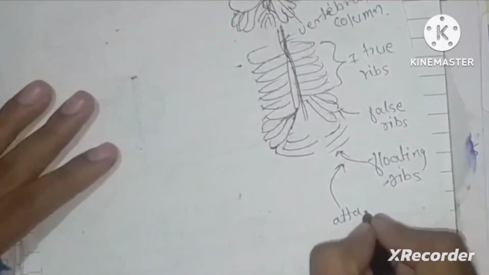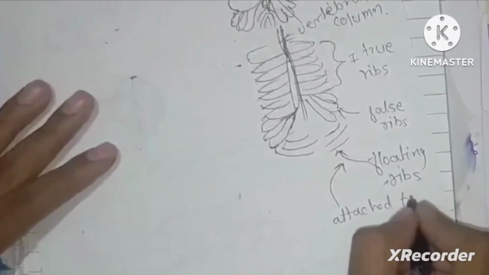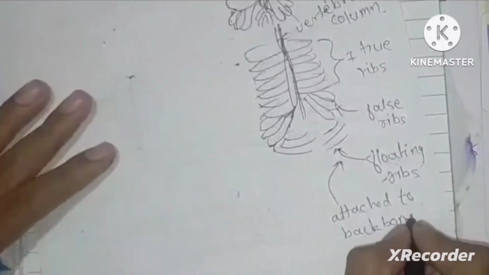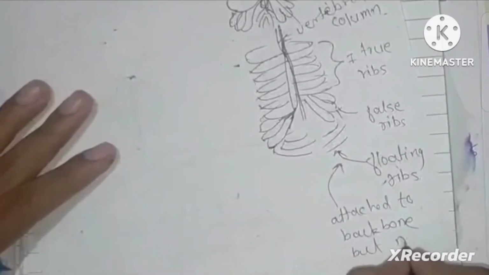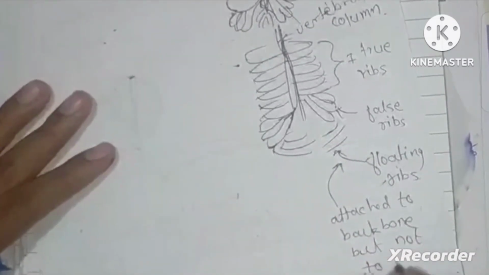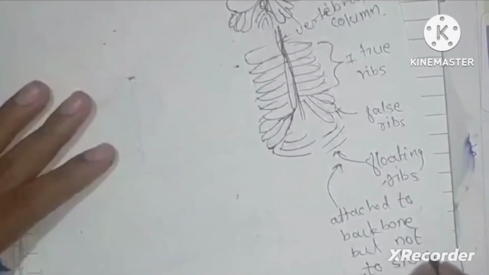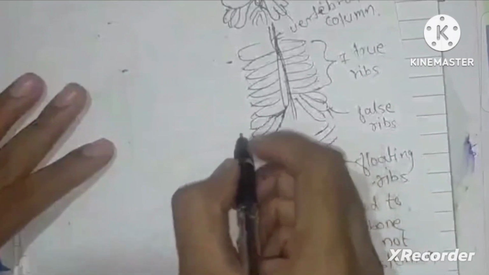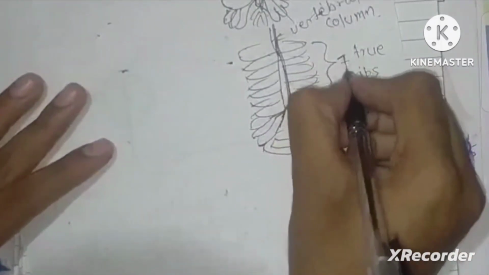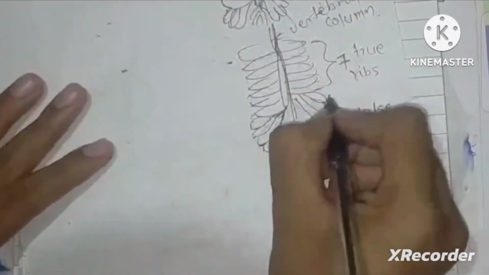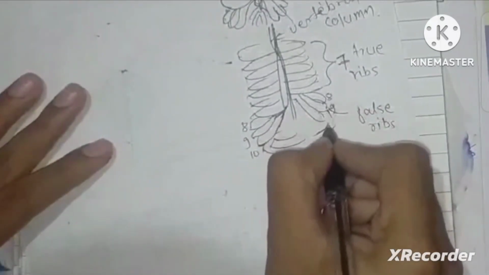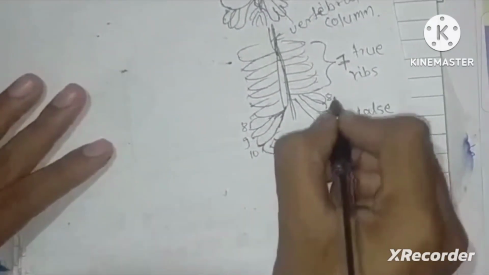These floating ribs are attached to backbone or vertebral column but not to the sternum. 7, 8, 9, 10 are false ribs and 11, 12 are floating ribs.